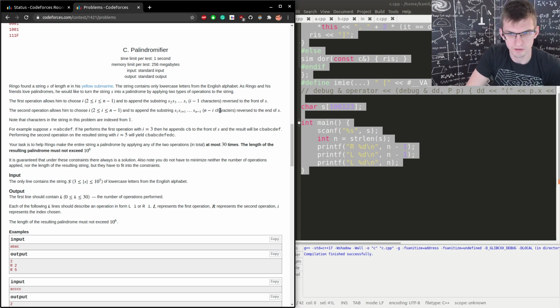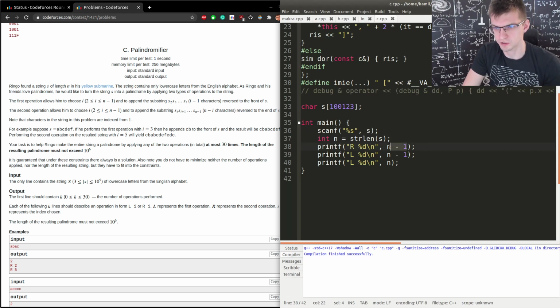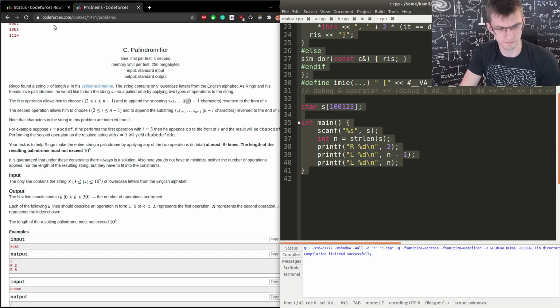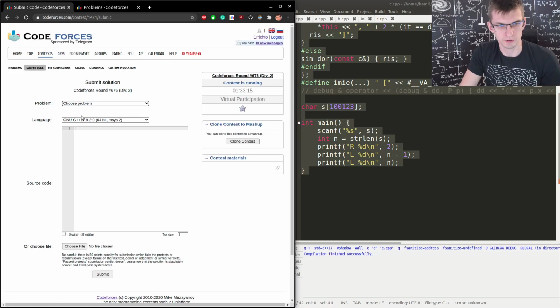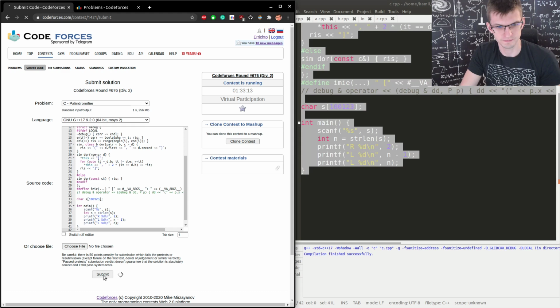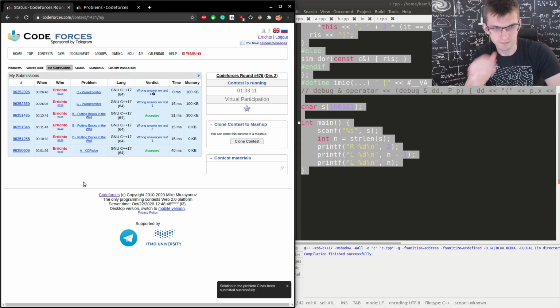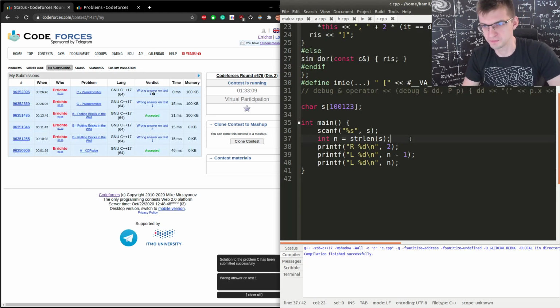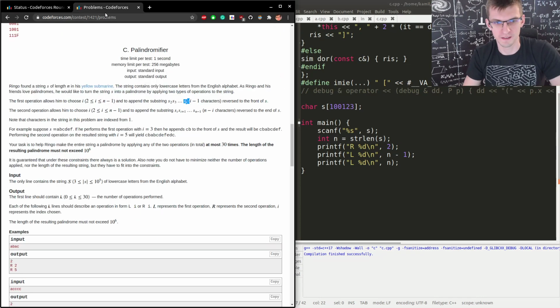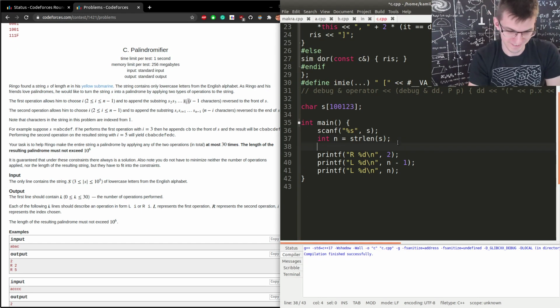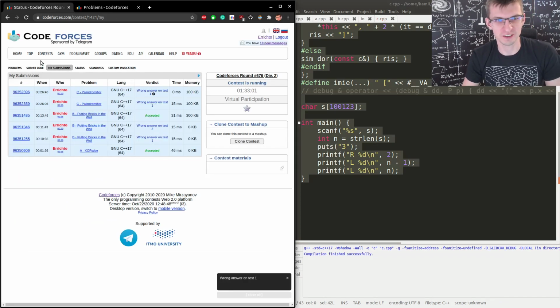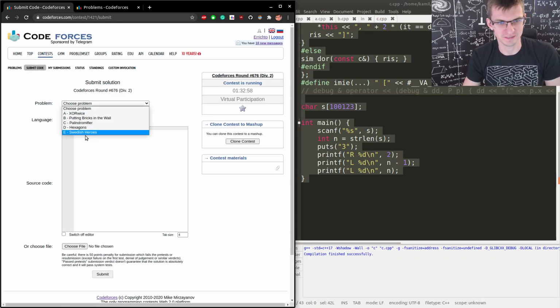Oh, this reverse to the end, I should print here 2, because it's from 2 onwards. This is up to that. Try number 2. Nope. And try number 3. I also need to print the number of operations.